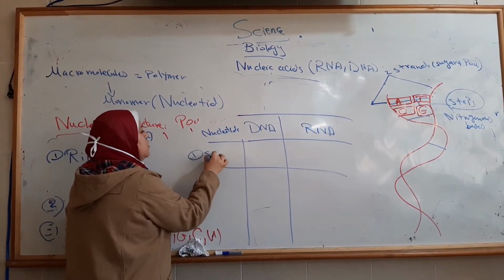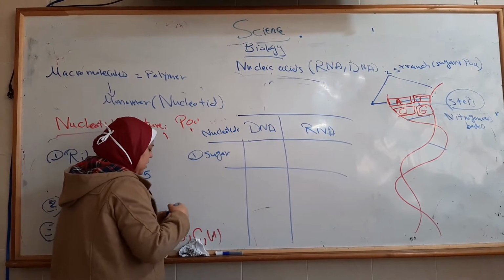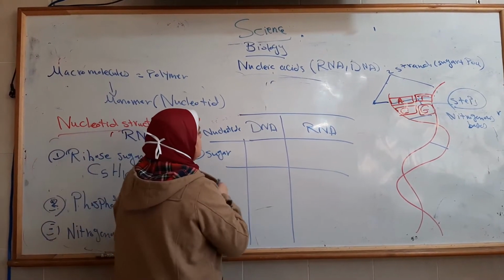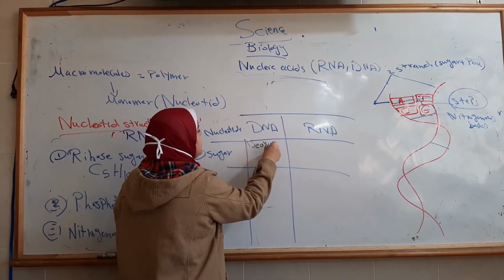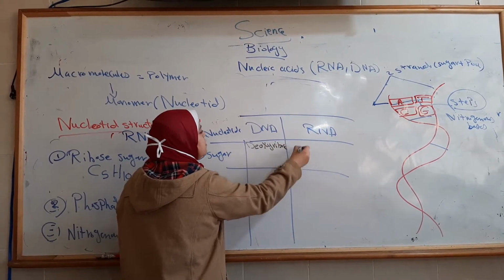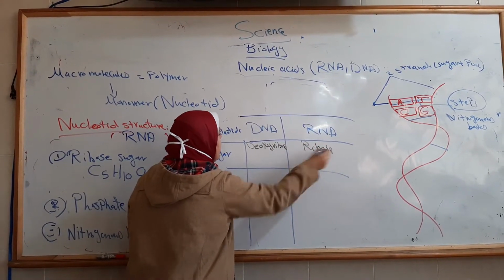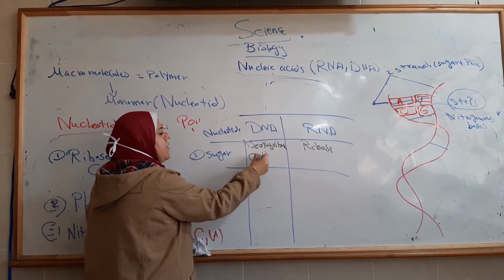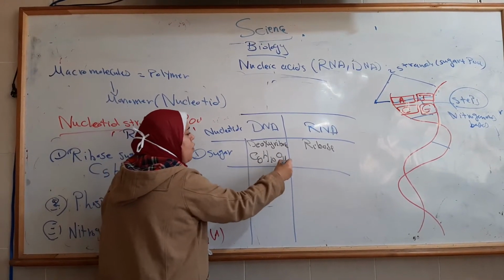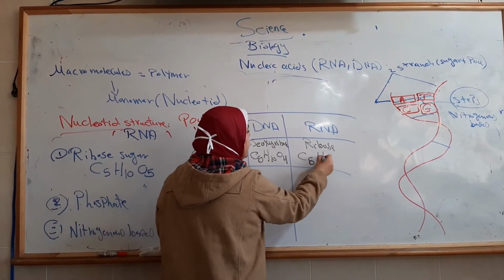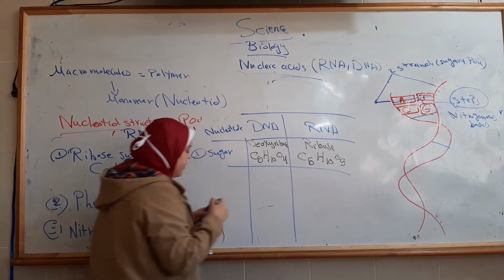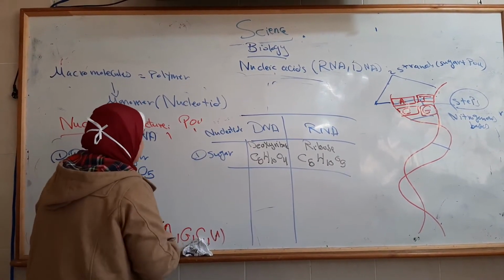First one, sugar: in DNA it is deoxyribose, here it is ribose. The structure here is C5H10O4, here C5H10O5.